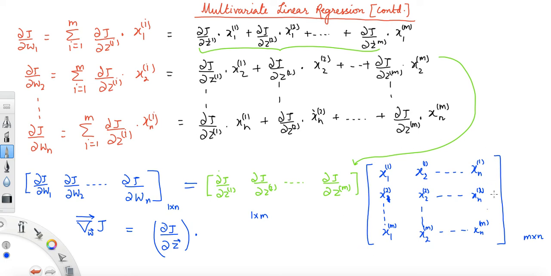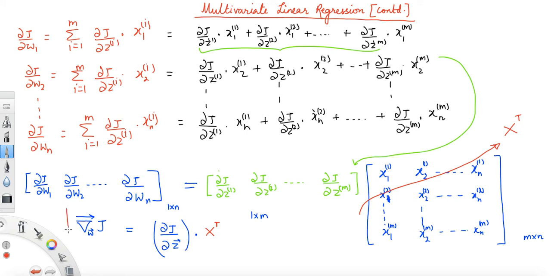So basically the entire matrix is nothing but the transpose of the design matrix. So this matrix is nothing but the transpose of the design matrix, X transpose. So del J over del z times the transpose of the design matrix X transpose here.